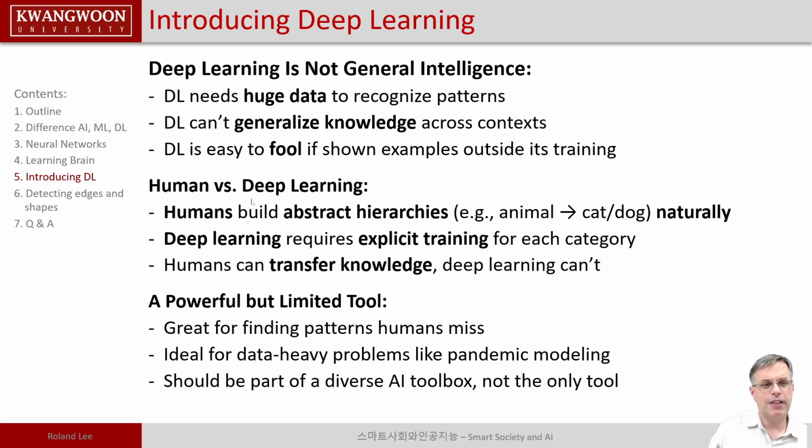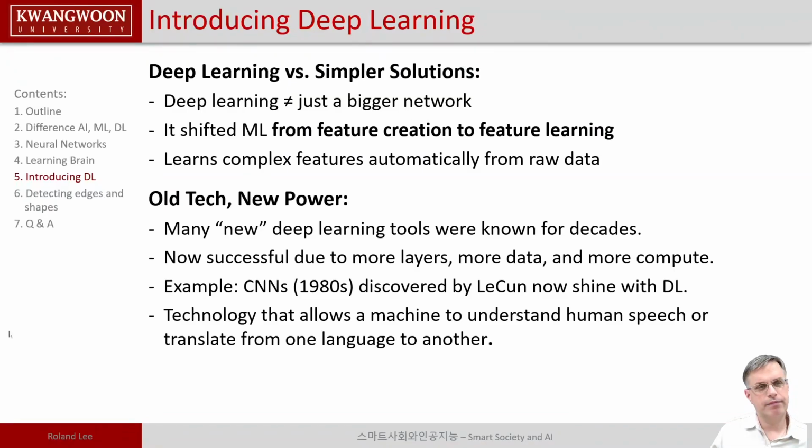Humans against deep learning: humans build abstract hierarchies naturally, as you saw with the animals, cats and dogs. Deep learning requires explicit training for each category, and humans can transfer knowledge, unlike deep learning, which cannot do that. It is a powerful but limited tool and should not be the only tool in the AI toolbox. Right, now let's see more.